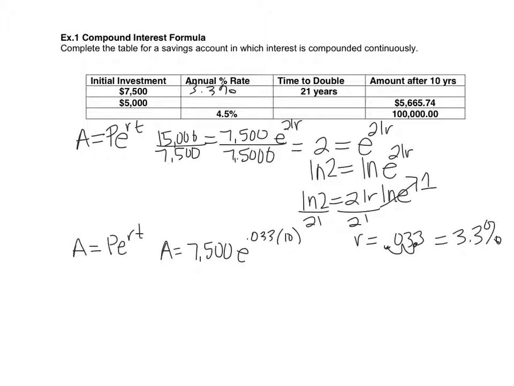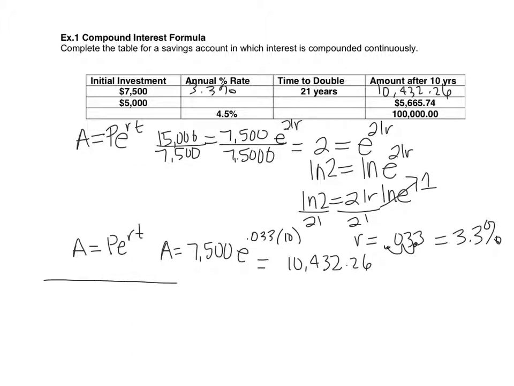So when you plug that into your calculator, you get $10,432.26. So after 10 years, I have $10,432.26.